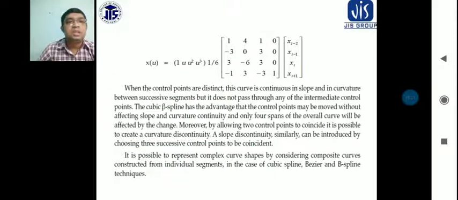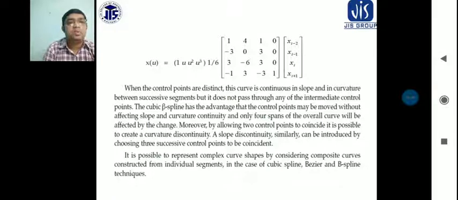The cubic B-spline has the advantage that the control points may be moved without affecting slope and curvature continuity, and only four spans of the overall curve will be affected by the changes.